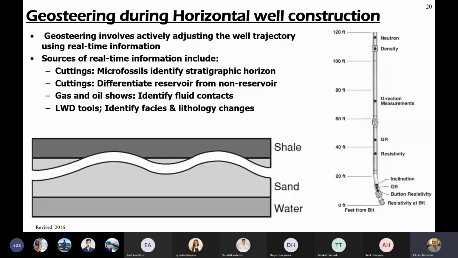So here we follow the well performance issue.